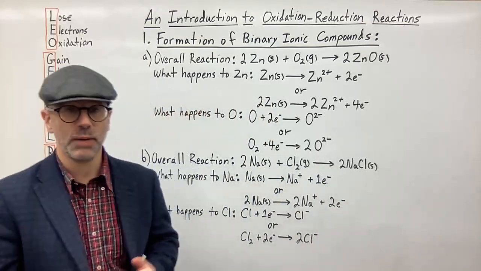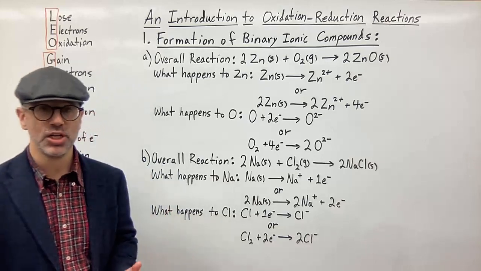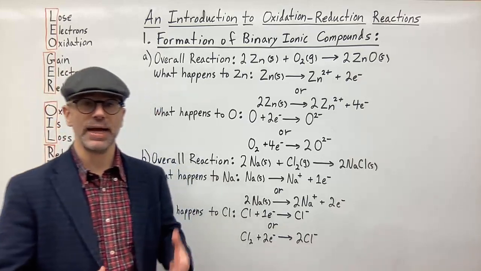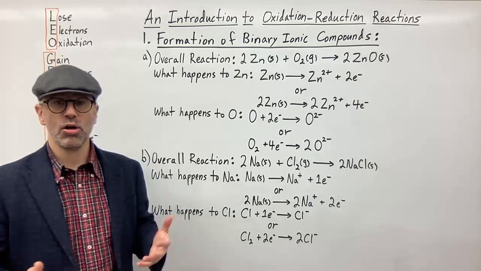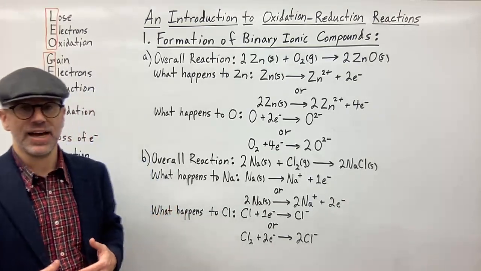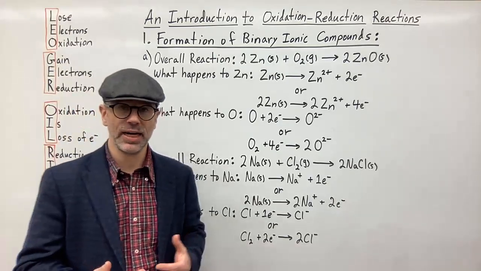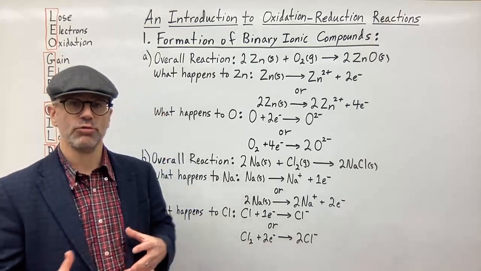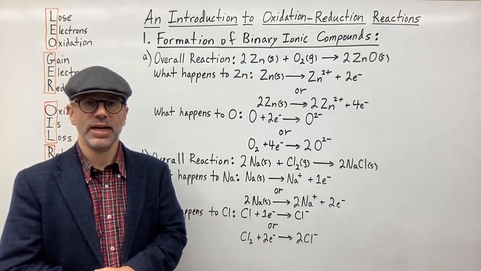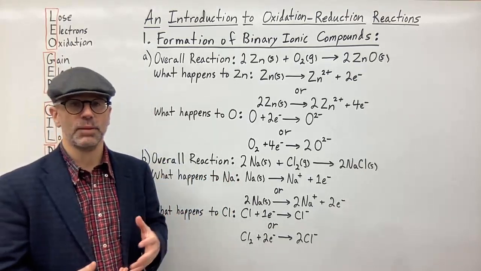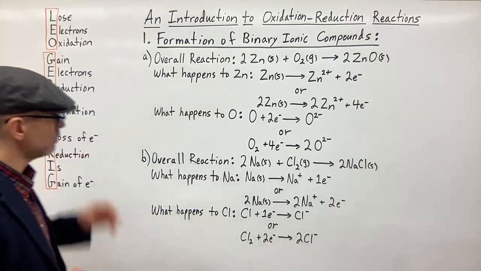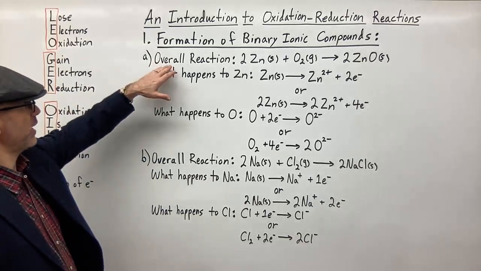So let's go over a couple of examples of the formation of binary ionic compounds. Not all reactions that create a binary ionic compound involve a redox reaction, but many do. So here's the overall reaction.